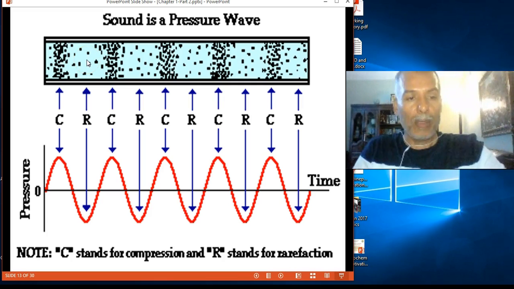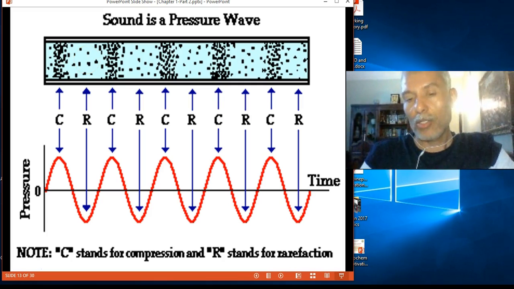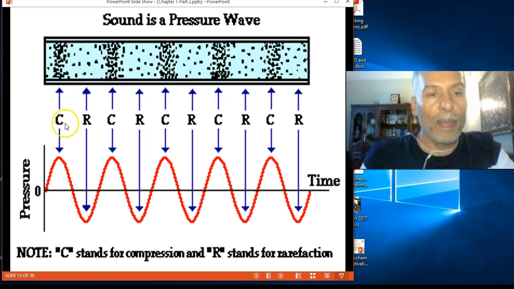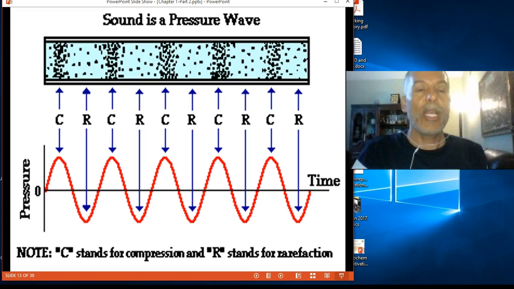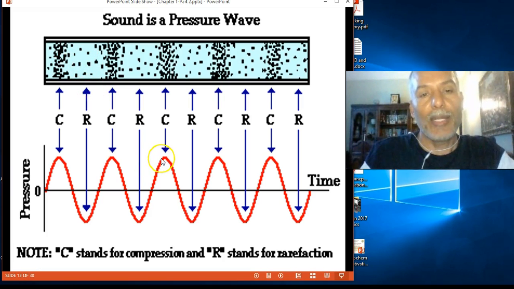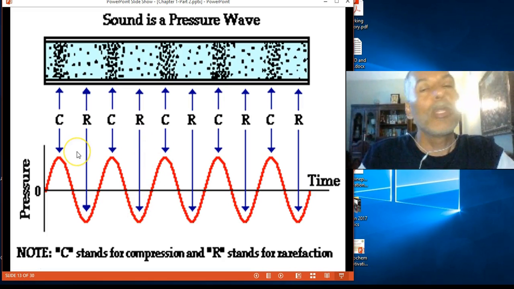The compression means the molecules, instead of being spread about, are compressed in one area, and then the other area is left without as many. So it is always alternating compression, rarefaction. You will never have it any other way. It is always repeated in the same pattern in any given wave.